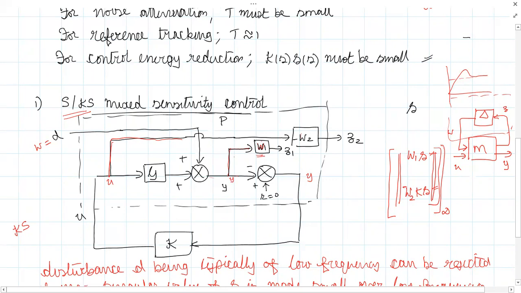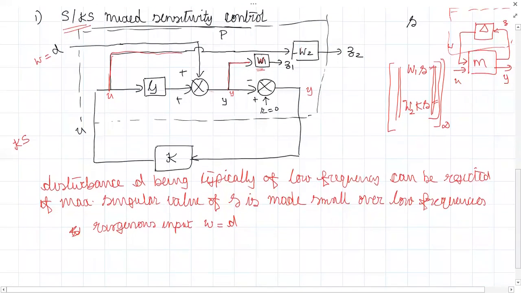Okay, so you see, for a practical problem, you can tap signals from any point. Here our aim is to minimize the sensitivity as well as the product of K into S. That is why we are tapping channels from the control signal U and output Y. So what are the regulated outputs here? Z1 and Z2. Those are regulated outputs. What will you get? Z1 and Z2 transpose.